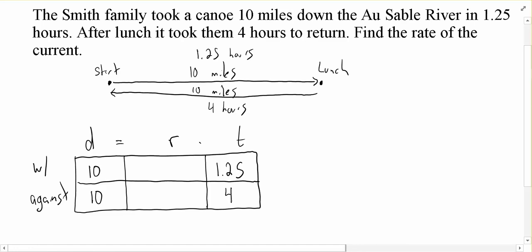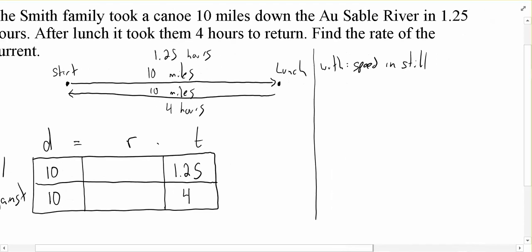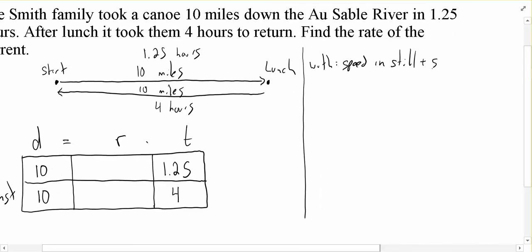Now let's talk about the rate. As we talked about in the intro to this example, when you're going with the current, your speed is your speed in still water plus the speed of the current.